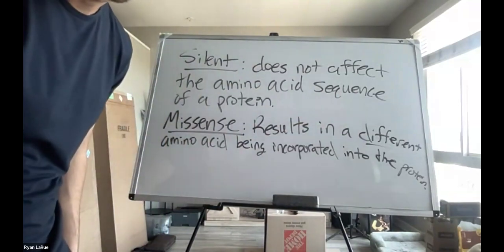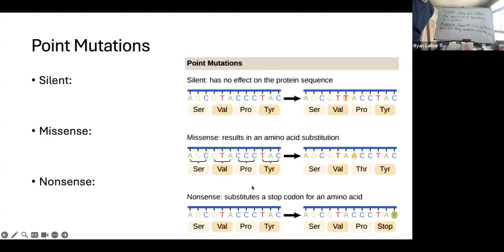So the slide, take a look here, shows an example of this. See this highlighted A. This CCC codon that coded for proline, well, now the C changed to an A. You can see that change there.